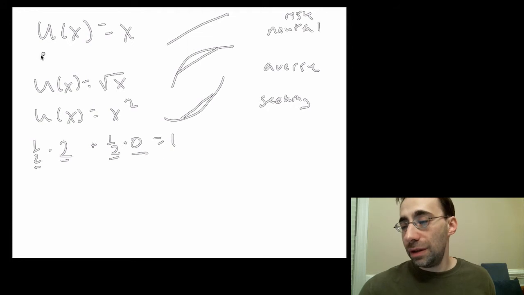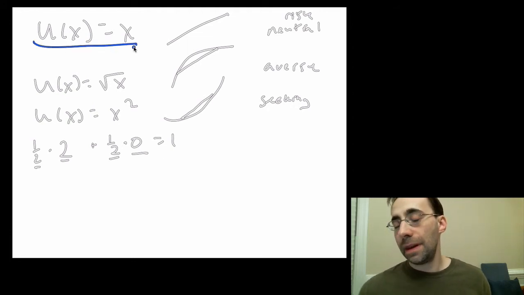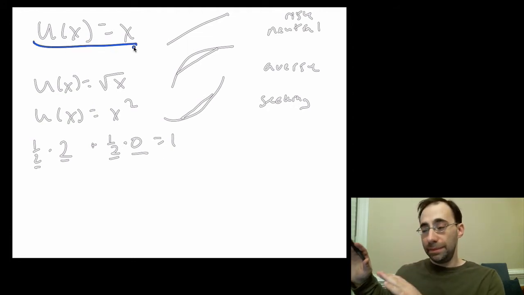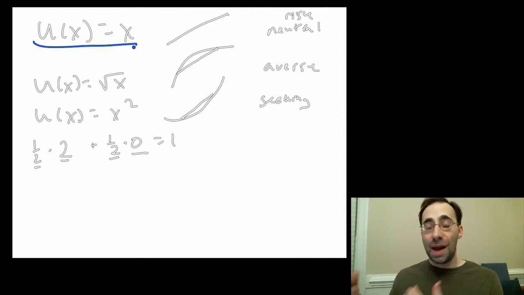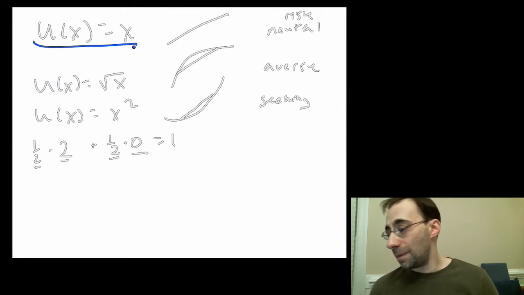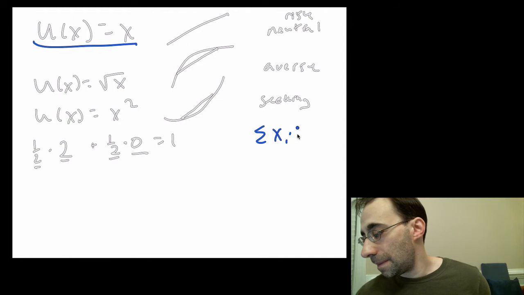Because the risk neutral function up here is the same as the expected value formula, right? So plugging u of x equal to x gives you back the exact same expected value formula.